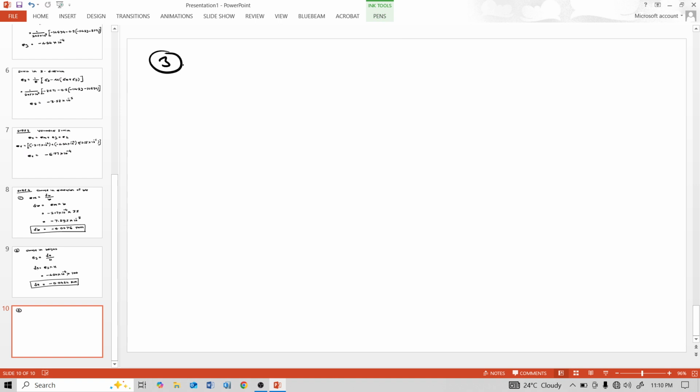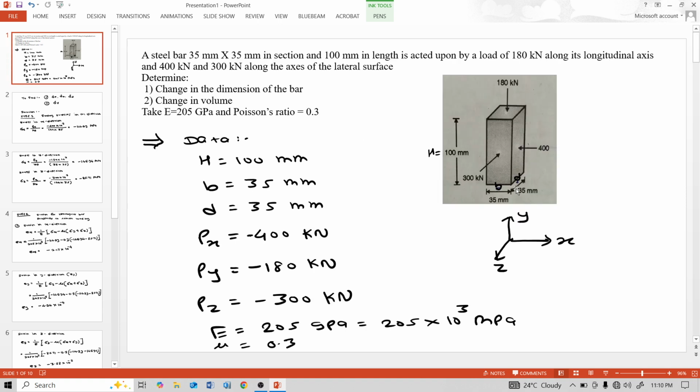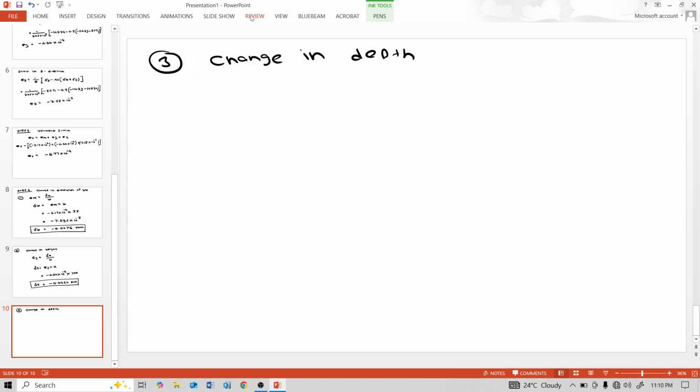Next, third, calculate change in depth. This d, change in depth, is along the z axis and strain in z axis is equal to change in depth to the original depth. Ez is equal to change in depth to the original depth. Change in depth is equal to Ez into small d.